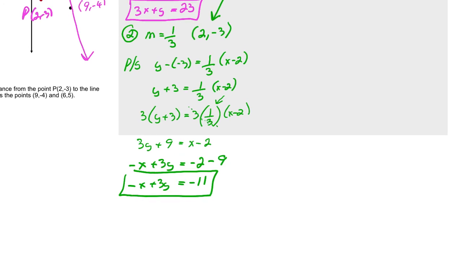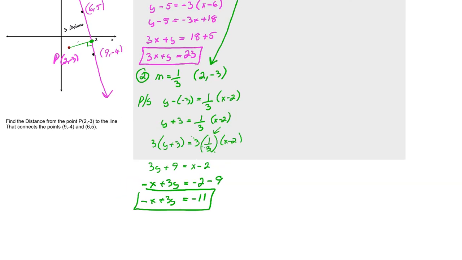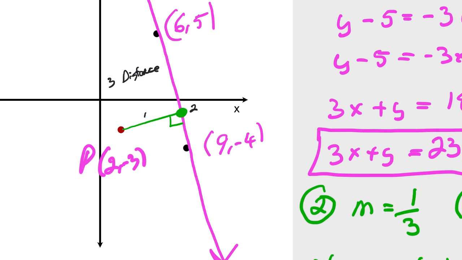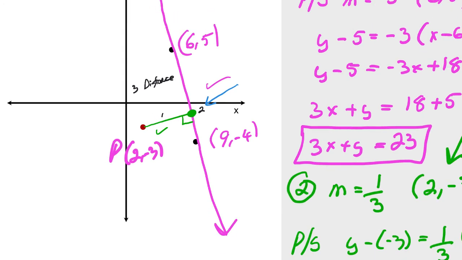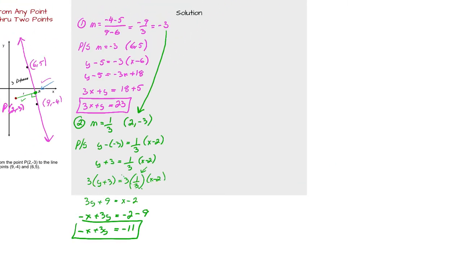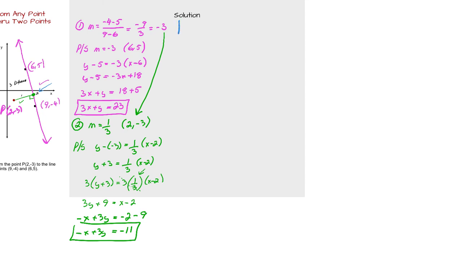So I have two equations. Going back to our chart, I now have the pink equation, I have the green equation, and I'm going to find now the point of intersection. To do that, I'm going to use a system of equations. It's becoming quite colorful.